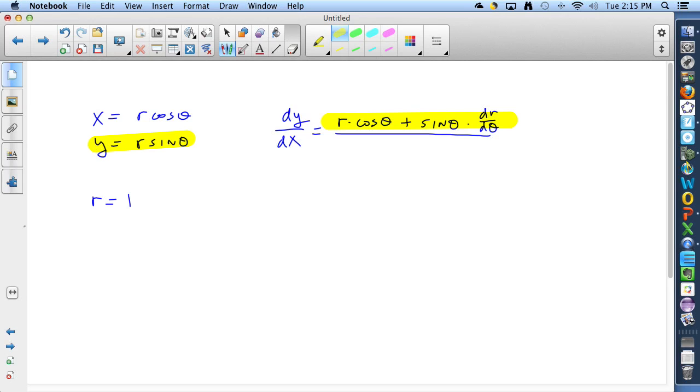So we would get r, 1, times cosine theta over, we didn't do the over x. First, negative r times the derivative of the second. That's where the negative comes from. Plus the second times the derivative of the first.